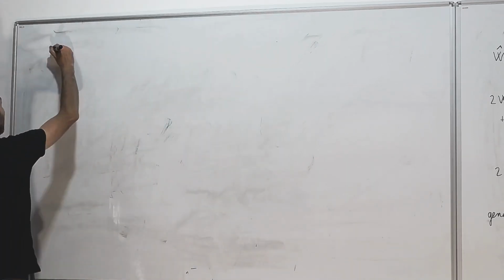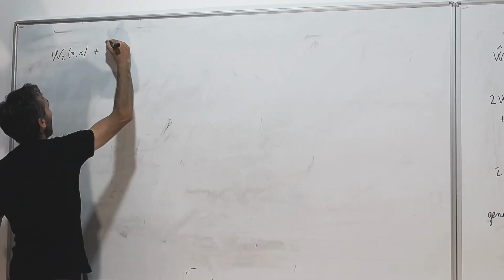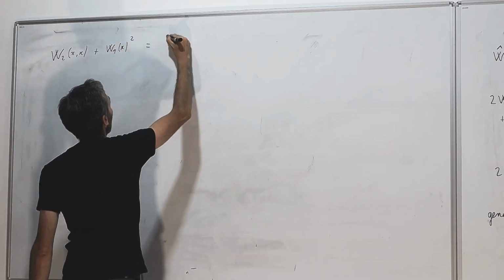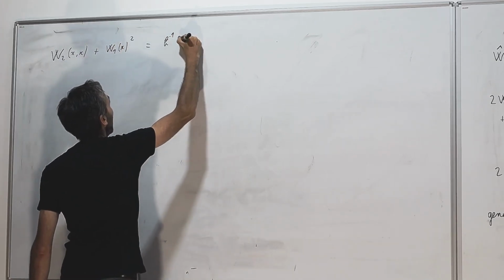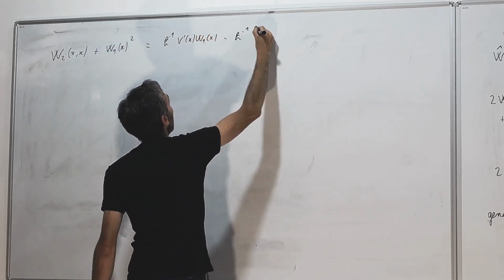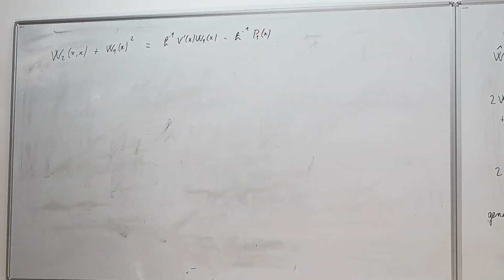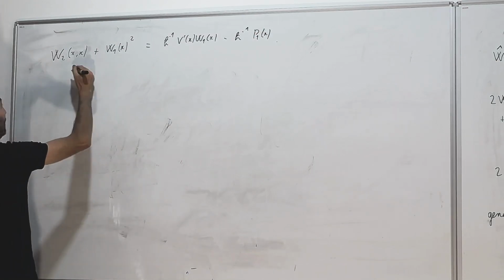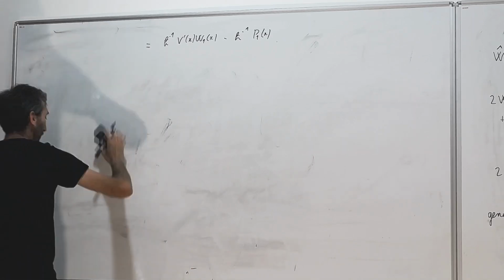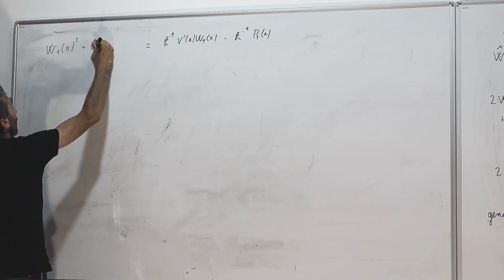I recall our equation: W2(x,x) plus W1(x) squared was equal to h bar to the minus 1 times V'(x) W1(x) minus h bar to the minus 1 times P1(x). Now, again, we use the leading order, so I should have written it the other way: W1(x) squared plus W2(x,x).